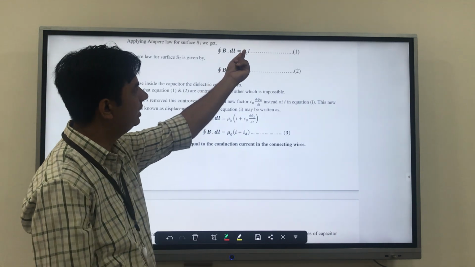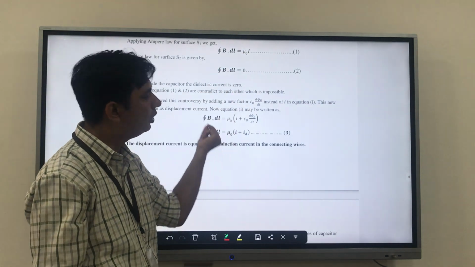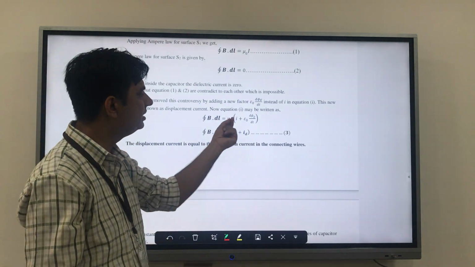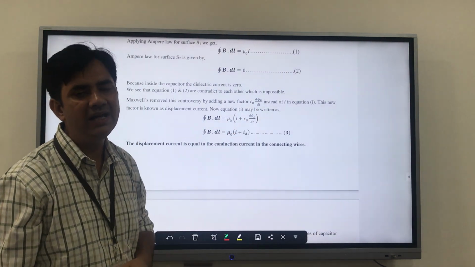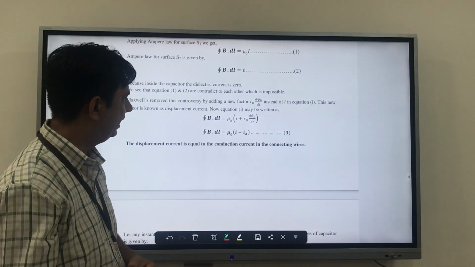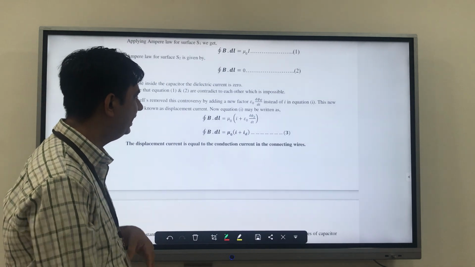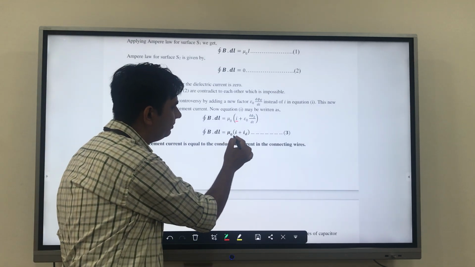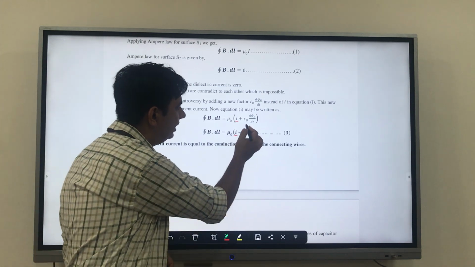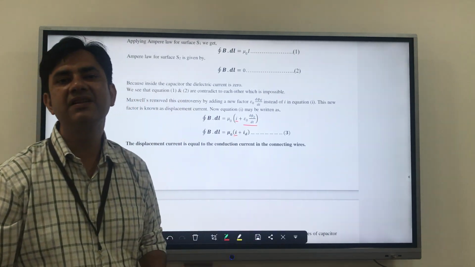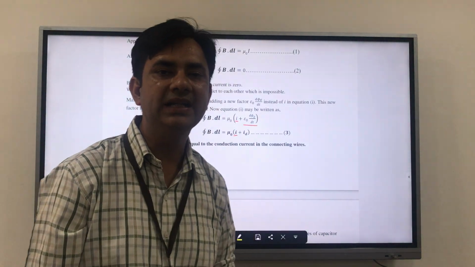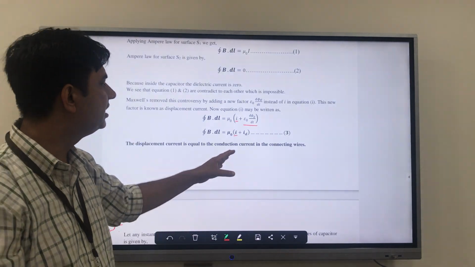So instead of using only current I, he also added something to it, and that is epsilon naught d phi E by dt. And he said that I is my conduction current, and this particular term, epsilon naught d phi E by dt, is nothing but the displacement current.